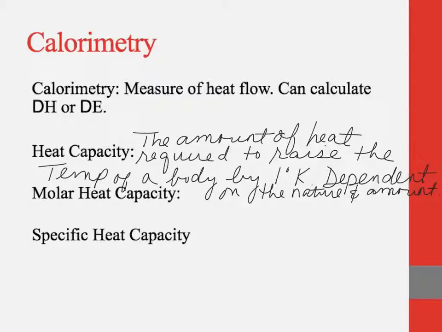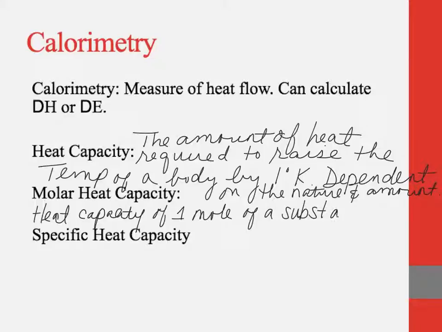Next is molar heat capacity, and this is the heat capacity of 1 mole of a substance. So in this type of problem, we might be given the grams of a substance, and we might find the heat capacity for that number of grams and then use stoichiometry to determine it for 1 mole.